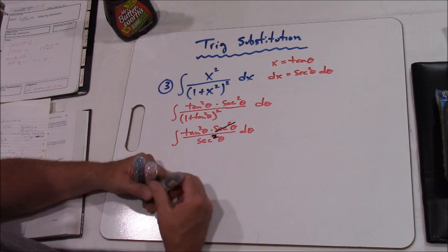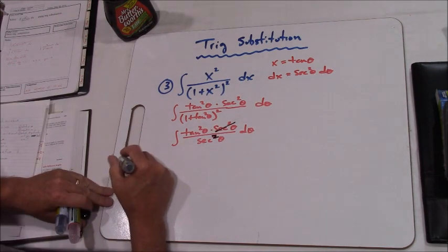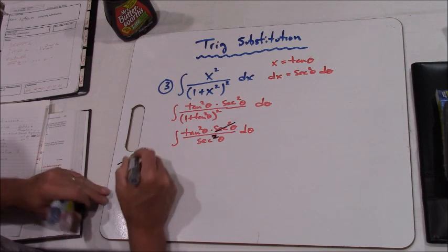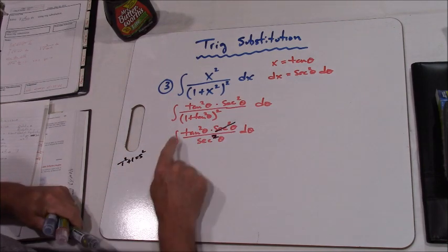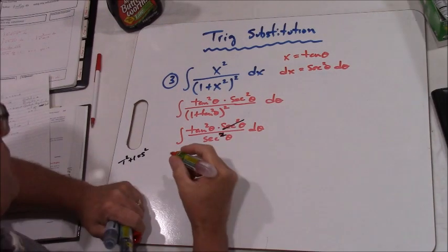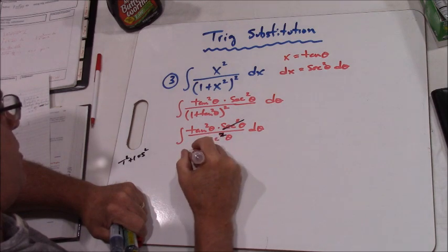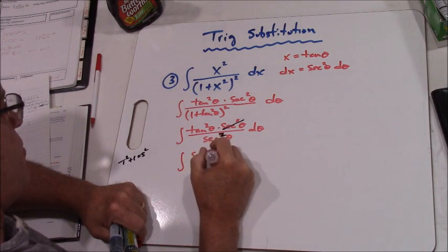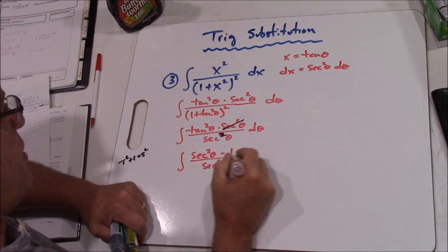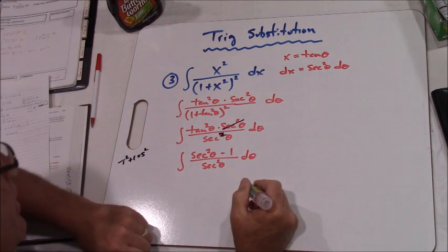But I think what I'm going to do is go to that Pythagorean identity that tangent squared plus 1 equals secant squared. And so I'm going to convert this right here to a secant squared minus 1. So this integral becomes a secant squared of theta minus 1 over secant squared theta d theta.